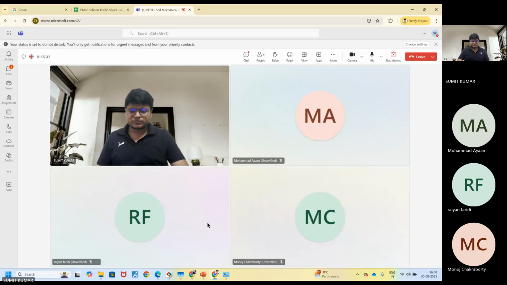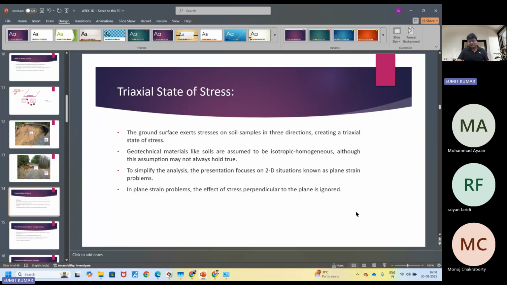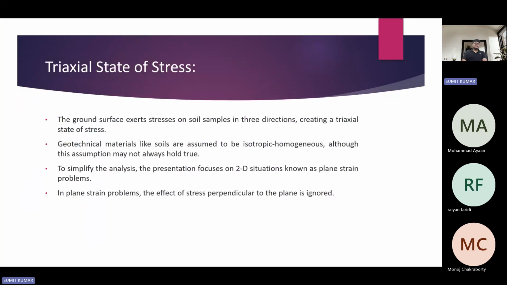Now let me read what I have explained, and you will understand it very easily. The ground surface exerts stress on the soil sample in three directions, creating the triaxial state of stress. When we talk about geotechnical materials like soil, they are assumed to be isotropic and homogeneous, although these assumptions may not hold true.